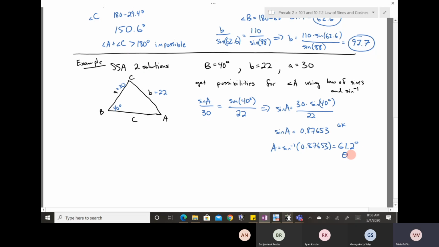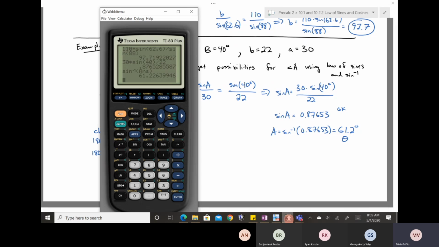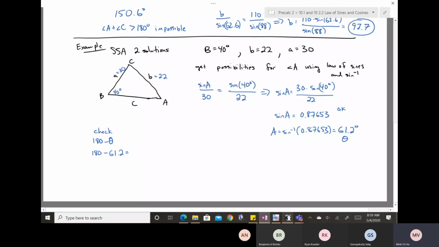So again, this is theta. So I have to again check 180 minus theta. So 180 minus 61.2 is equal to, what is this? Less than 120. 180 minus 61.2 is 118.8.